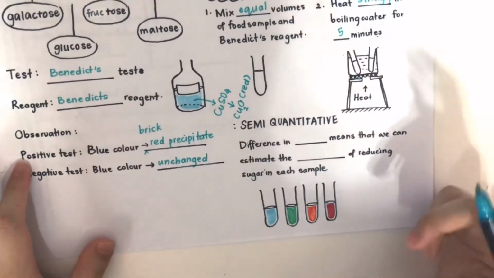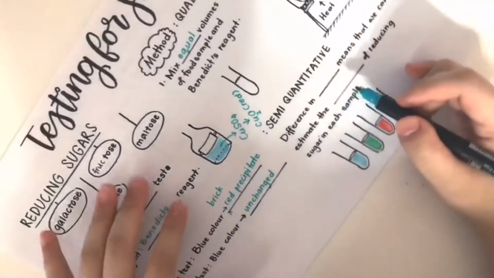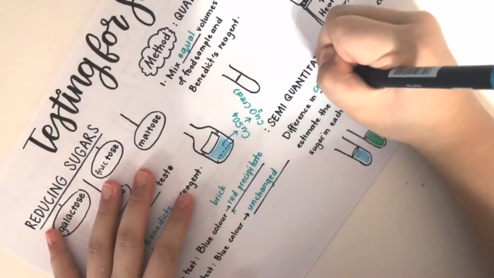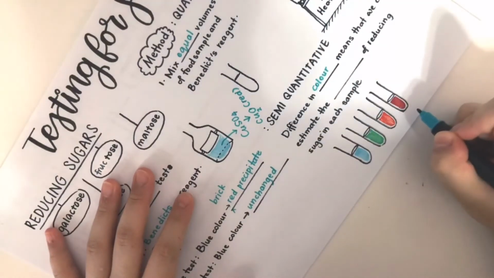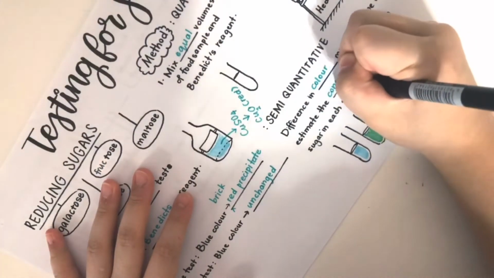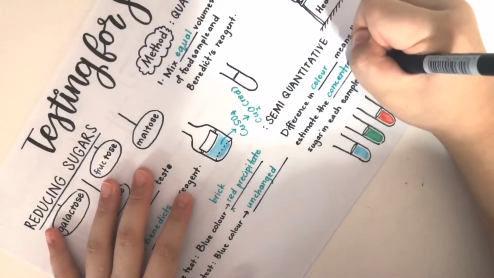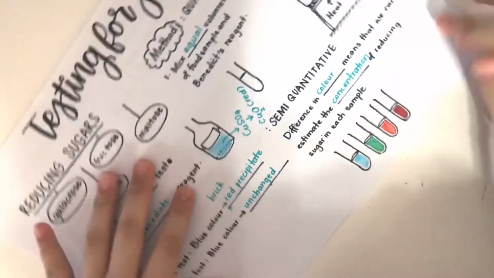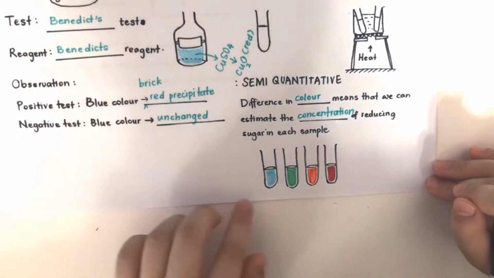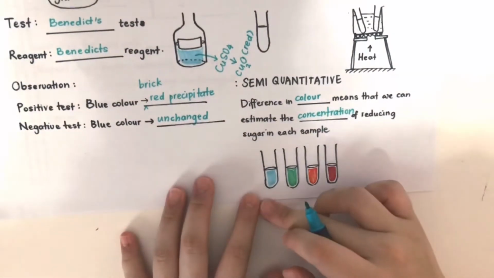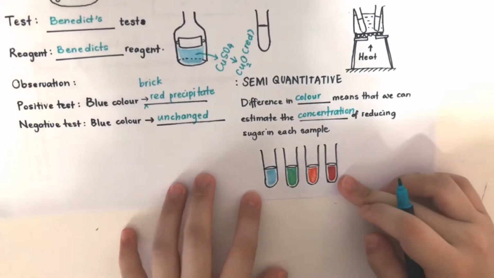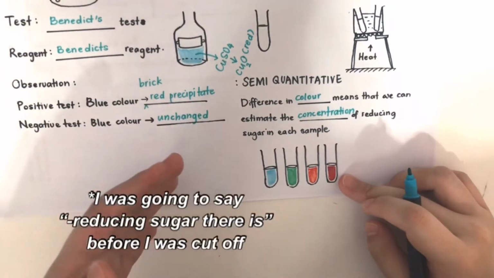So we can use this method because there's a difference in colors of the different solutions, which means that we can estimate the concentration of reducing sugar in each sample. So in this test, we get different concentrations and carry out the Benedicts test. And depending on the color and how close it is to the brick red color, we can infer how much.